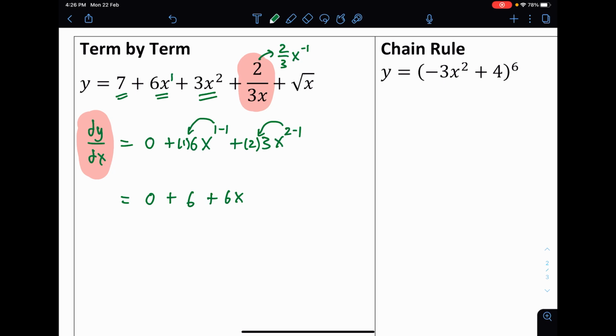Keep it in the denominator. So we are going to differentiate 2/3 x power negative 1. Just like all the previous, I will bring the negative 1 out, multiply by 2/3, multiply by x power of negative 2, because negative 1 minus 1. This will simplify into negative 2/3 x power negative 2.